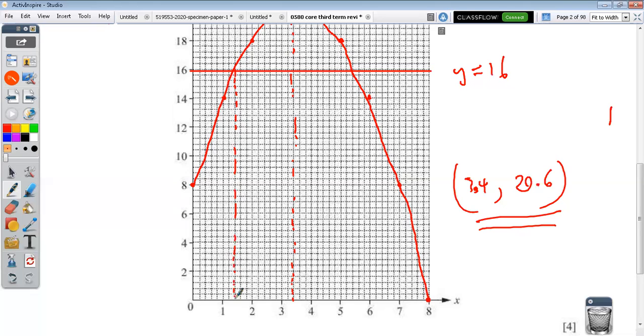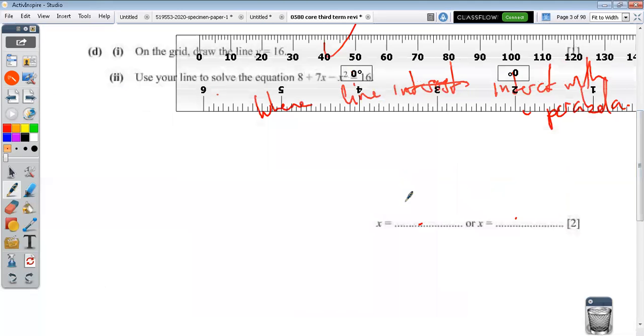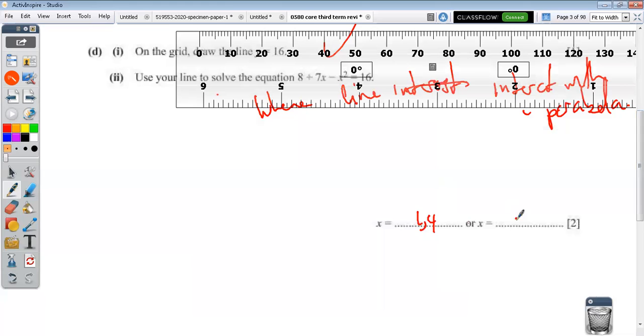Which is 1 point what? 1.4. Then I have what? I have this other one here, where the line is intersecting, which is 5.4. So 1.4 and 5.4. Then you get your 2 marks. Clear?